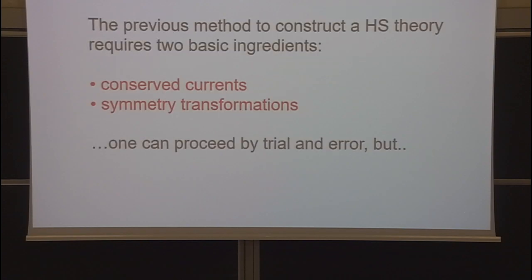So this method is certainly valid in order to construct higher spin theories. It requires two basic ingredients: to have conserved currents, but this can be easily done, and also it requires to define symmetry transformations.